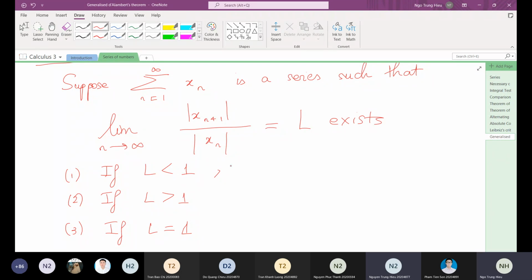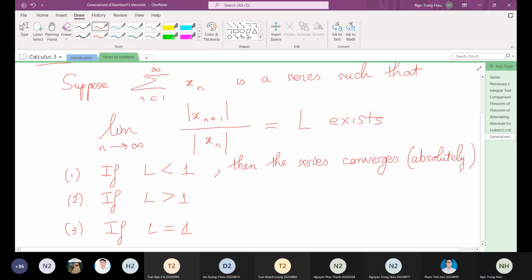Right, that's correct. Then the series converge absolutely. Very good. It doesn't only converge, but we can say more. We can say that it converges absolutely. Right? If L is greater than 1, then what can we say?